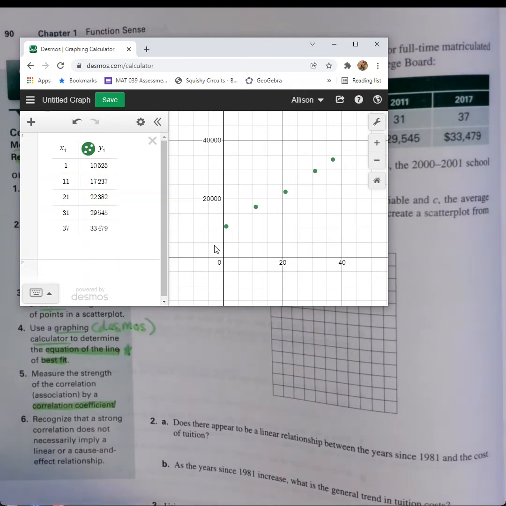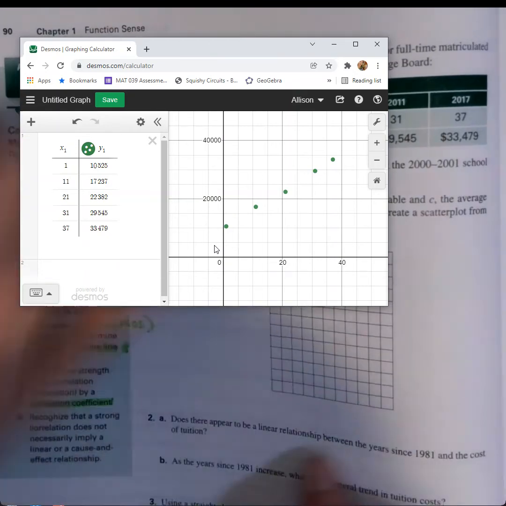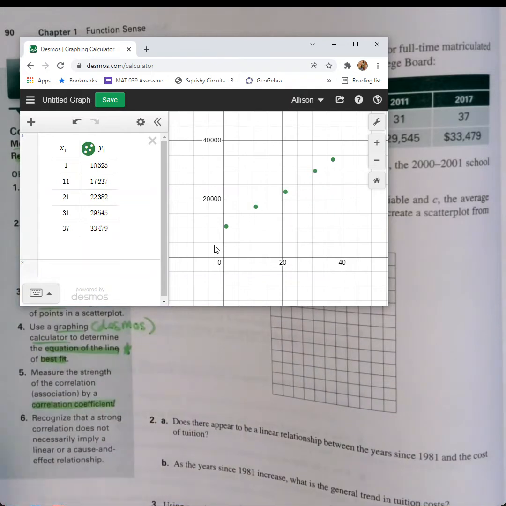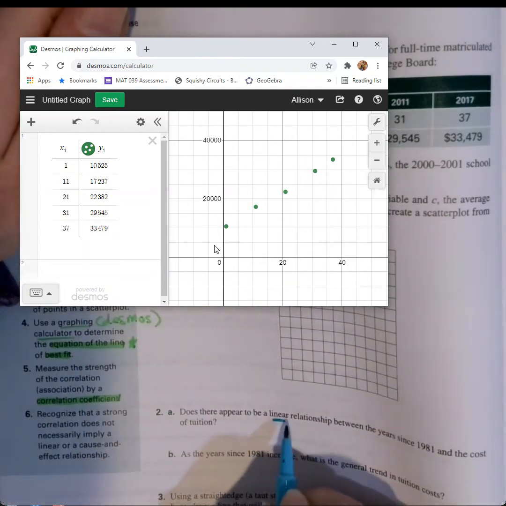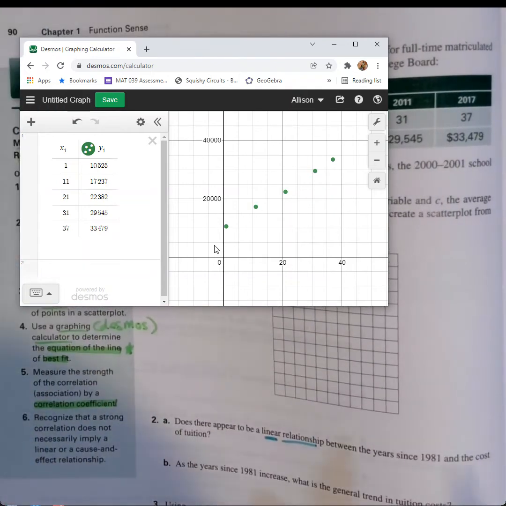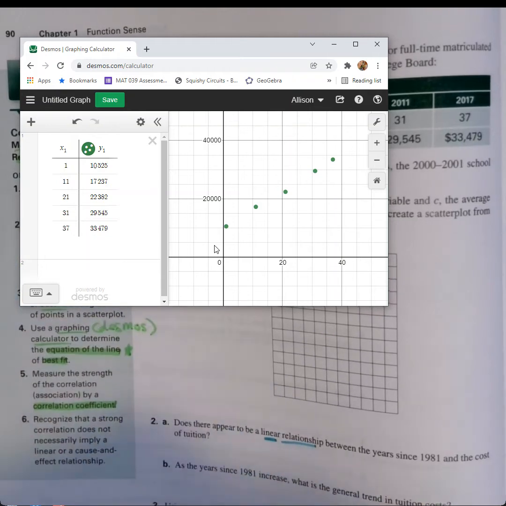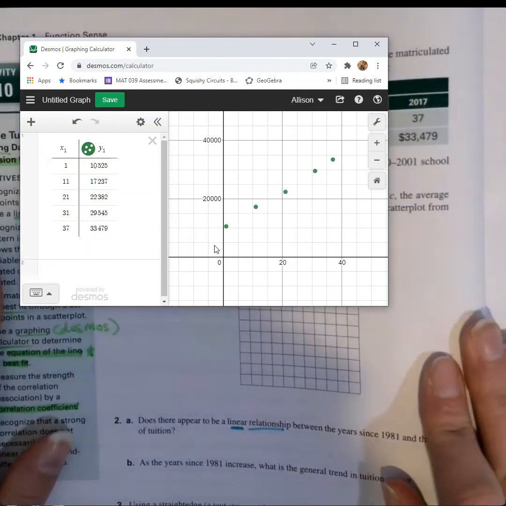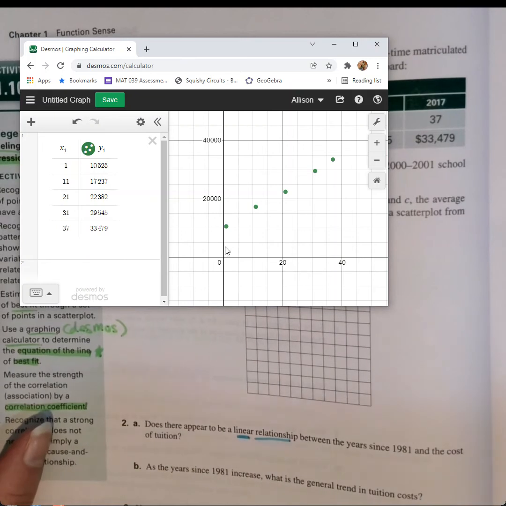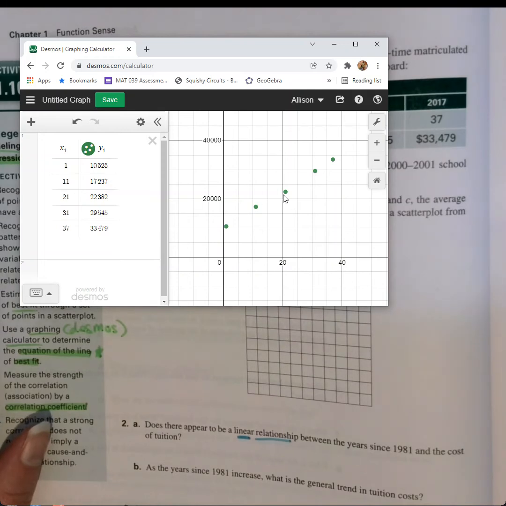All right. Question 2 asks us, does there appear to be a linear relationship between the year since 1981 and the cost of tuition? So does this appear to be linear? Again, I have my scattergram still up on screen here because the appearance of linear is evident in the fact that I do seem to have a constant rate of change. I can imagine drawing a straight line through these dots.